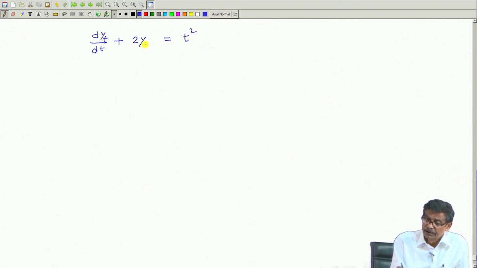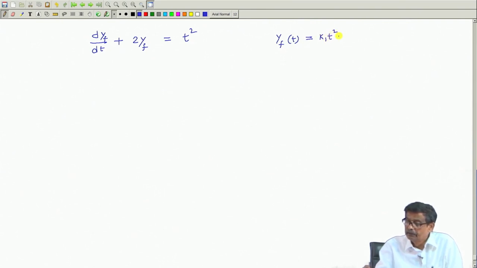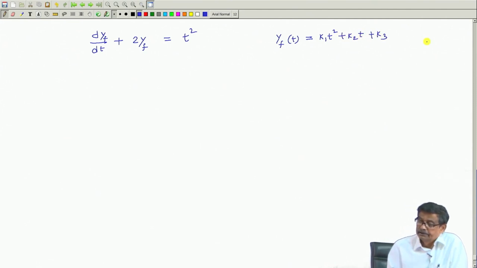The forcing function part will alone satisfy this. Therefore, for y_f(t) we have seen that its nature has to be k1 t square + k2 t + k3, only 3 terms.